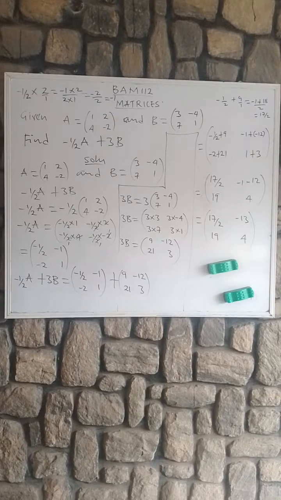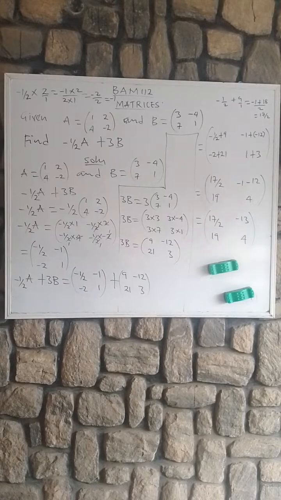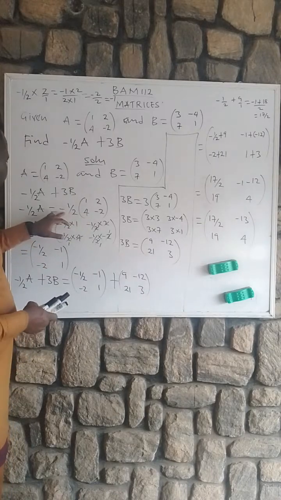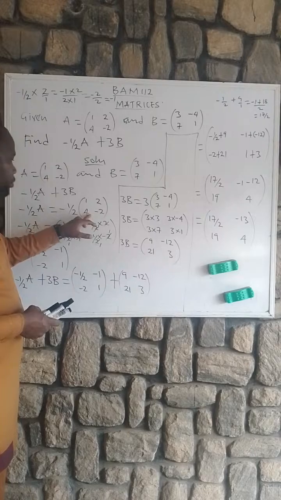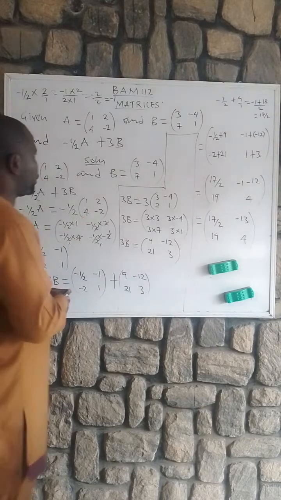Do you understand, Eunice? Okay. So the same thing is applicable here. Use this minus 1 all over 2 to multiply 4.